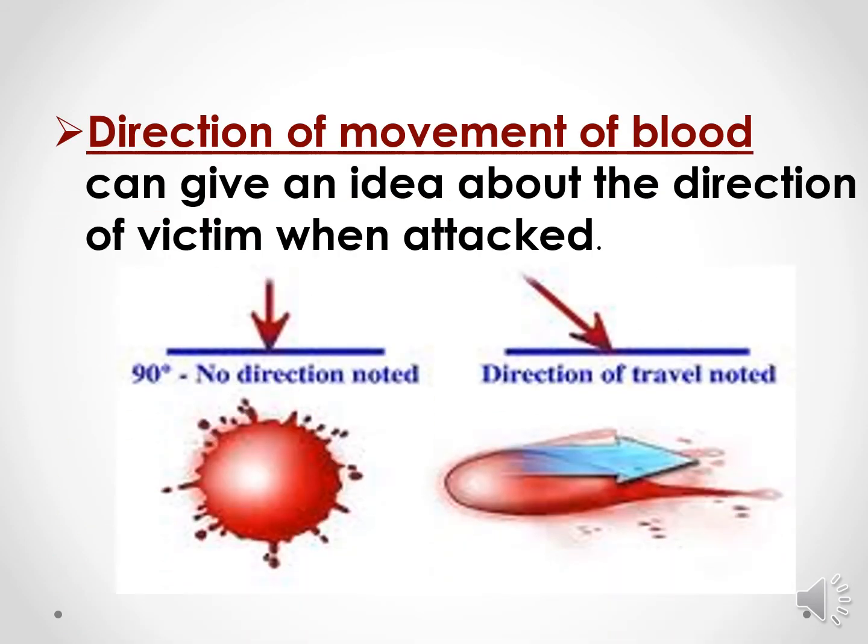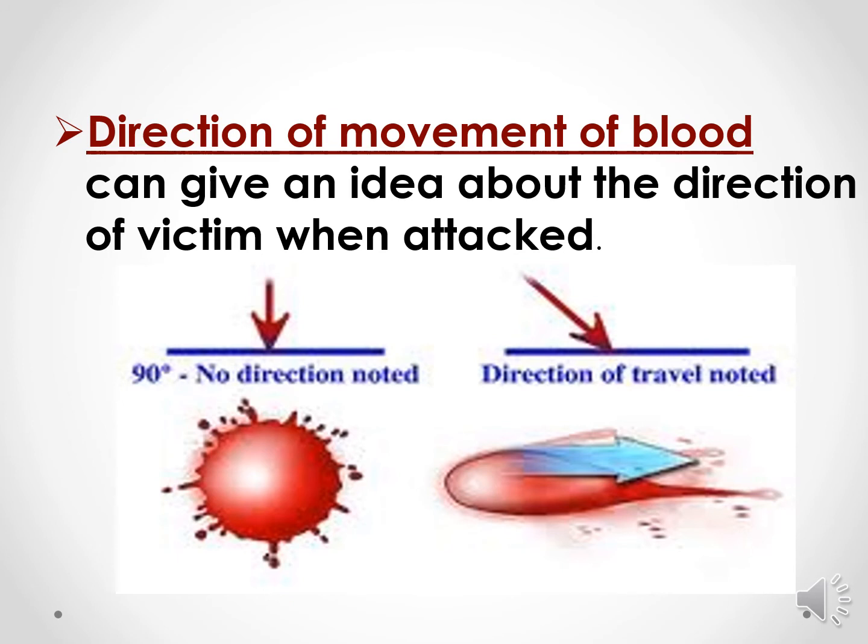Direction of movement of blood can give an idea about the direction of the victim when attacked. Circular blood on the ground means perpendicular direction. This picture, like a tear or splash, means oblique direction.